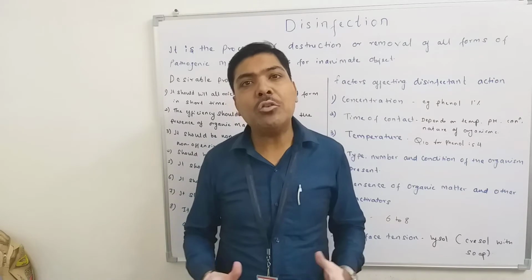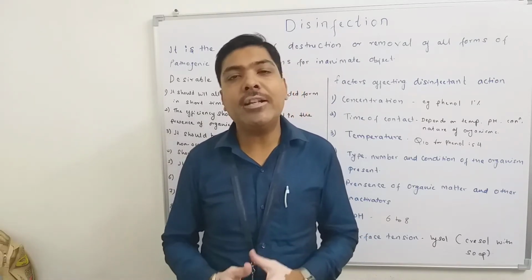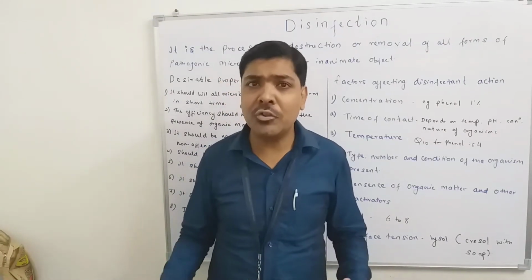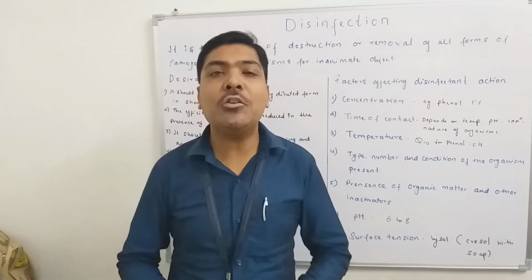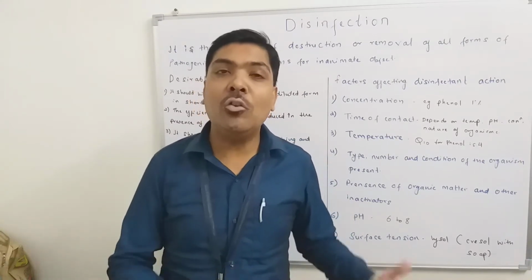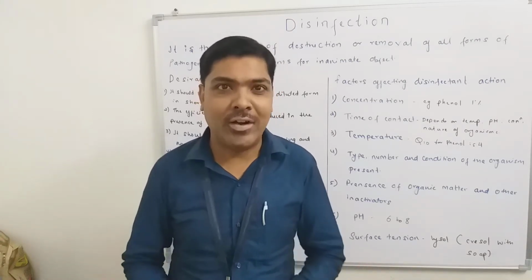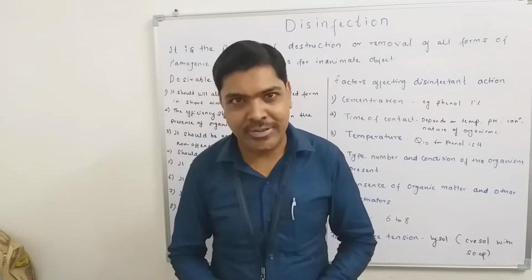So it means we need to dilute the disinfectant, and if we are diluting it, then its activity should not be reduced. And the time of exposure is generally not very high. So in a very short period of time, at a very low dilution, the activity of the disinfectant should be very good. That is the first ideal property of a disinfectant.